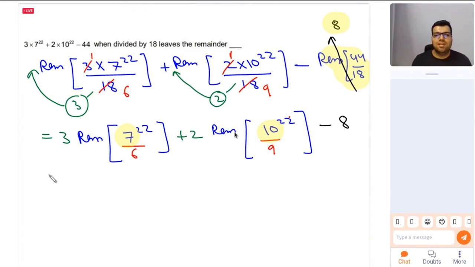3 into REM of, so I will replace 7 with 1, the remainder with 6 of 7 is 1. So 1 raised to power 22 is 1, divided by 6, plus 2 times REM.